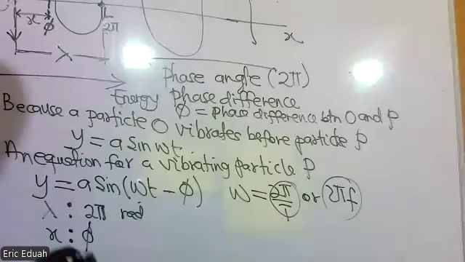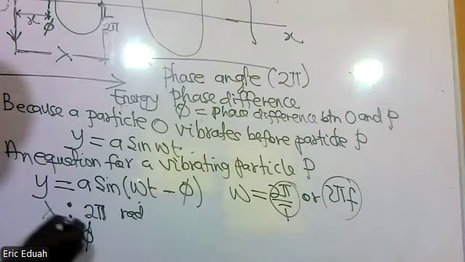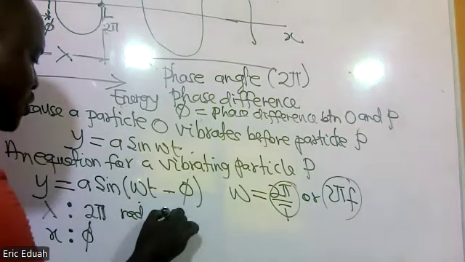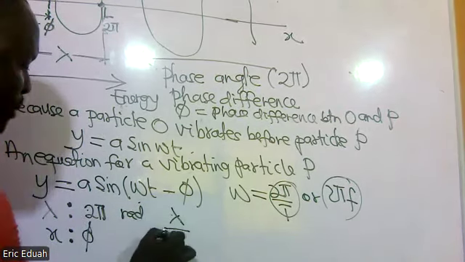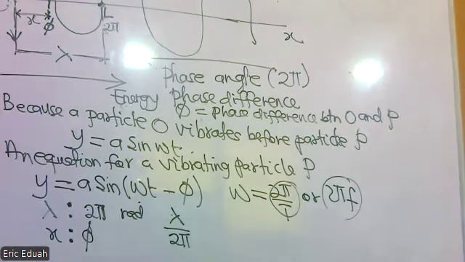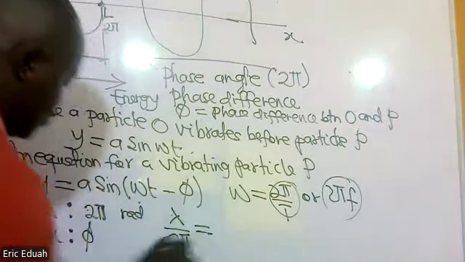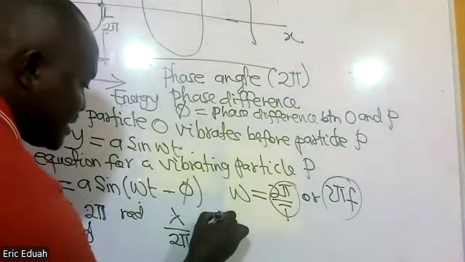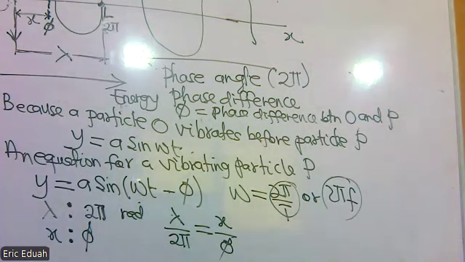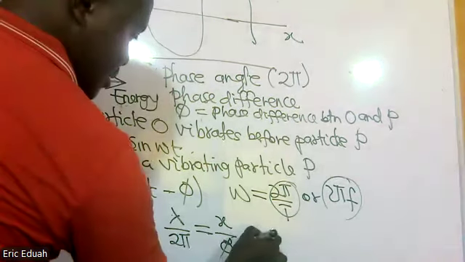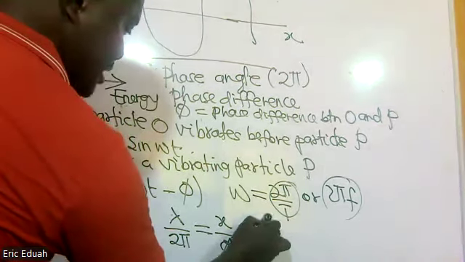So we are using ratio and proportion. Lambda is to 2 pi means lambda over 2 pi. This is also equal to X over phi. Let's make phi the subject. Festus, help me make phi the subject here.